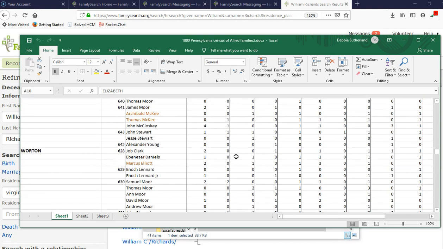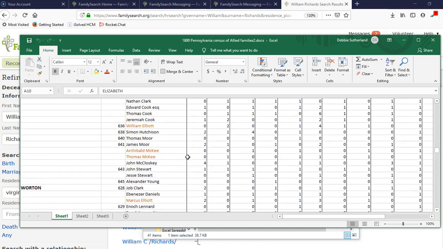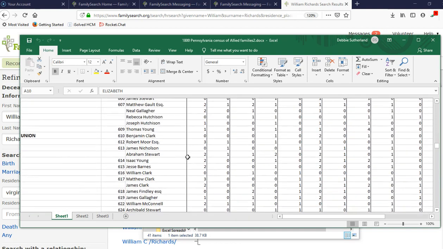I took them from the 1820 census, and I think I may have even gone up to the 1830 census. But I also started in 1790, not just 1800. I started in 1790 and worked my way up to the 1820 or 1830 census. So it's a good idea to get 20 or 30 years worth of censuses on that family person so that you can see if there's patterns, if there's people that are living close to them.